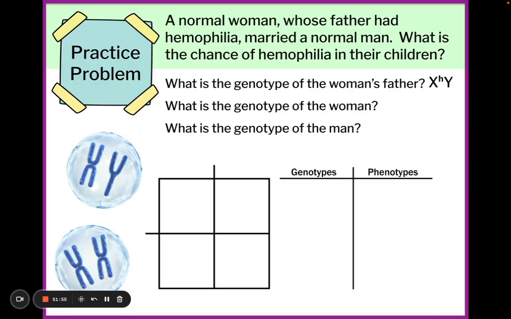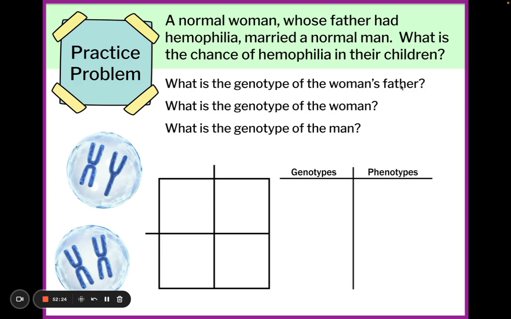So, let's go back. A normal woman whose father had hemophilia married a normal man. So first of all, she's a female, so we know her sex chromosomes are X and X. And so what's the H? She's normal, so she's got at least one big H, but her dad had hemophilia, so he could only give her an X with a little h, right?